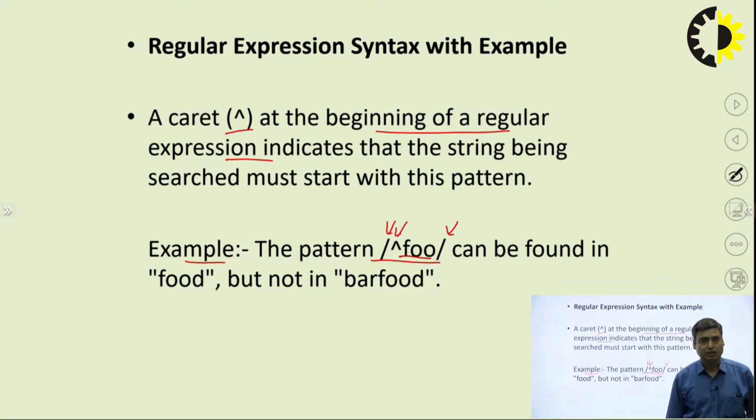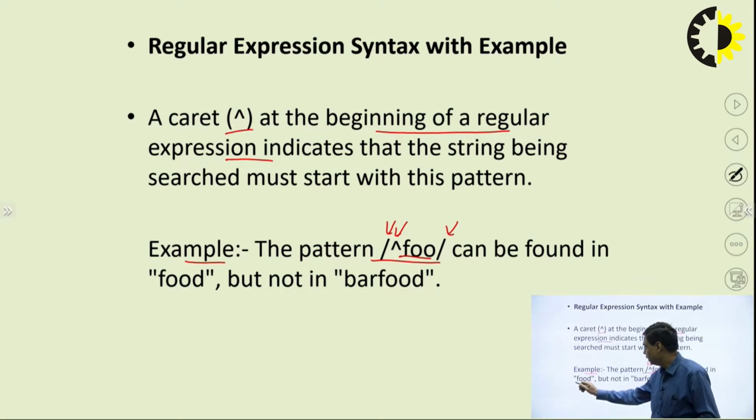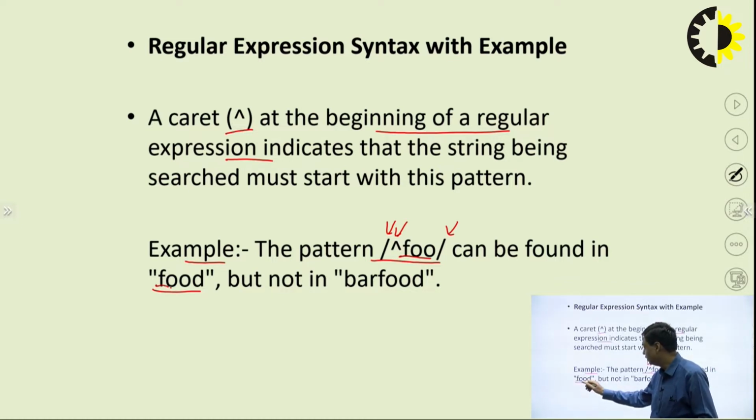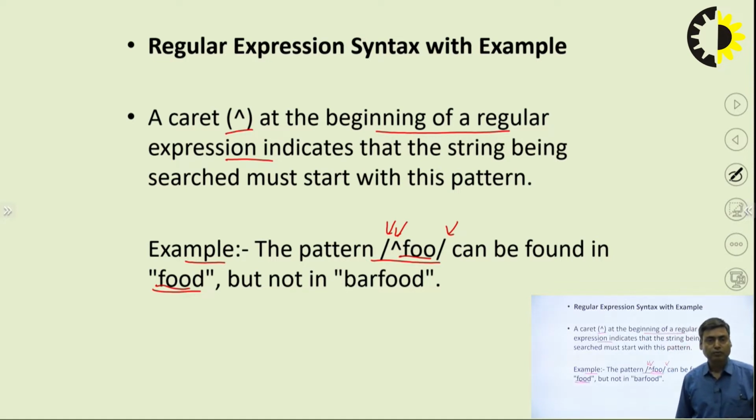It indicates that when you match this pattern with any string, the regular expression will ensure that the string must start with the word FOO. So we can say this pattern can be found in the string food, because the starting three characters are FOO as given in the pattern.